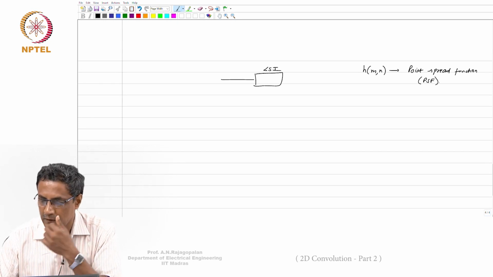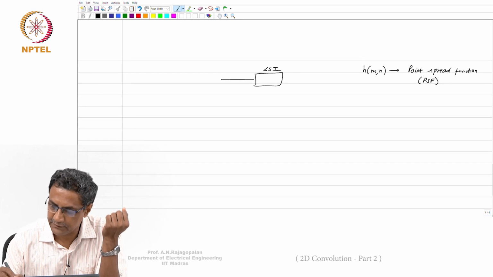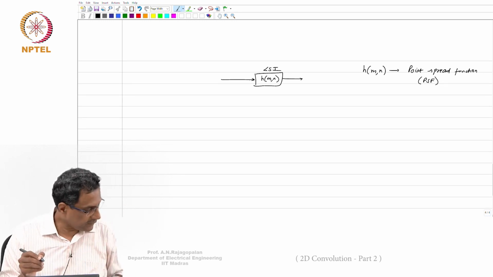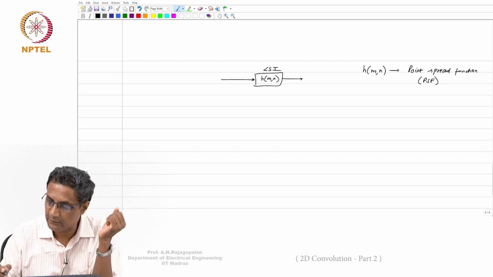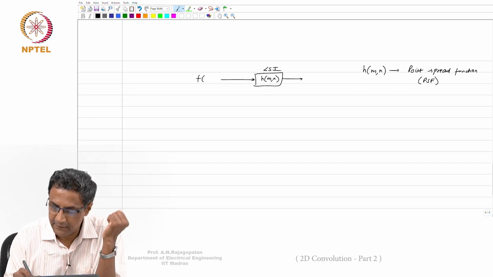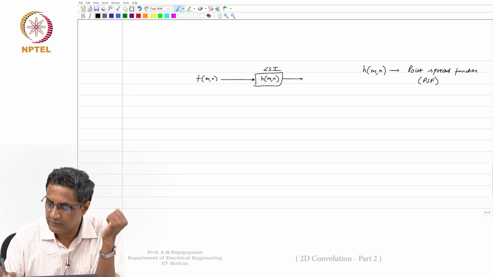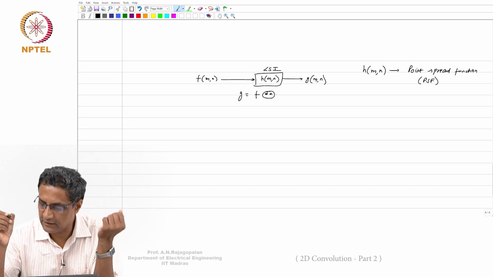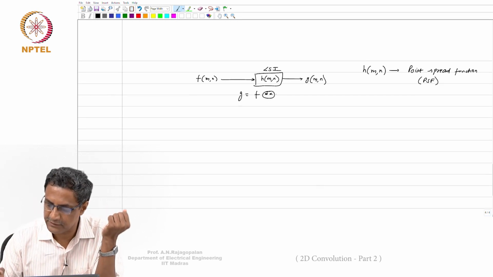So you have a point spread function of some 2D system, lens based, and let's say that you input f(m,n), this is h(m,n), and out comes g(m,n). And g is f convolved with h. I'll indicate it by 2 stars just to indicate that it's a 2D convolution.